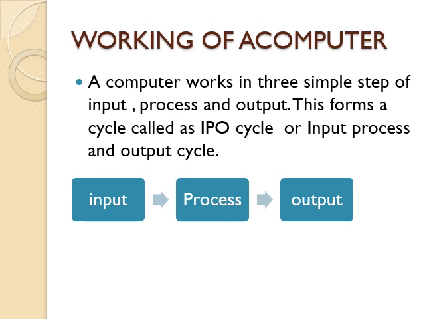Working of the computer. A computer works in three simple steps of input, process and output. This cycle is called the IPO cycle, or input, process, output cycle. The input will be given, it will be processed and we will get a final result, that is the output.